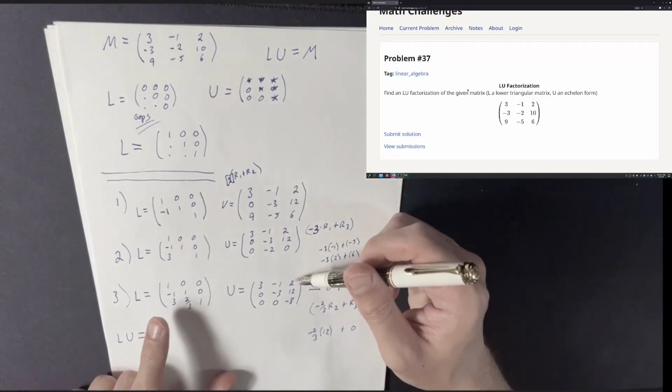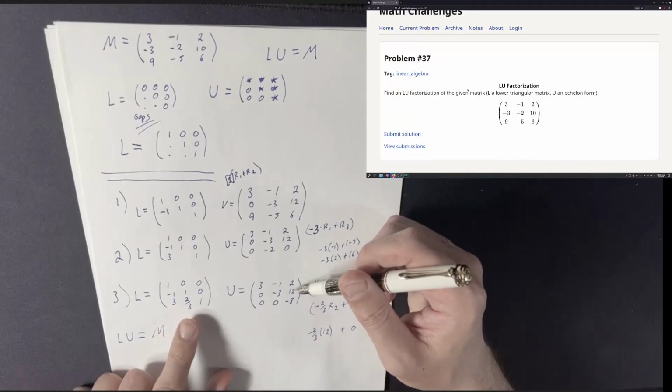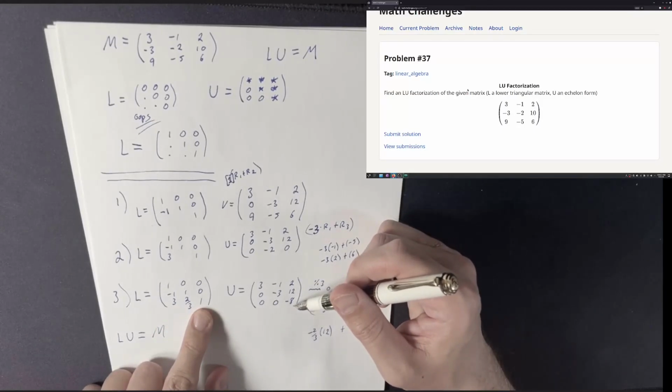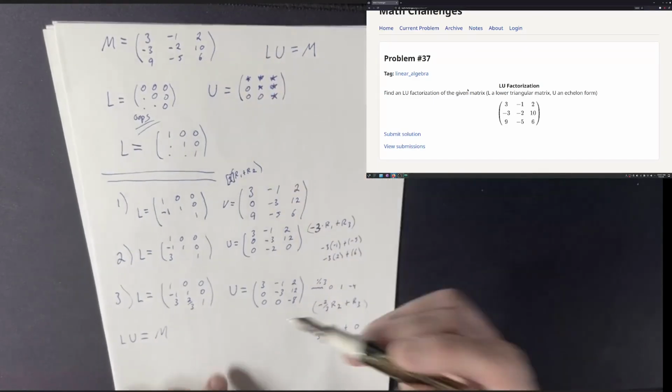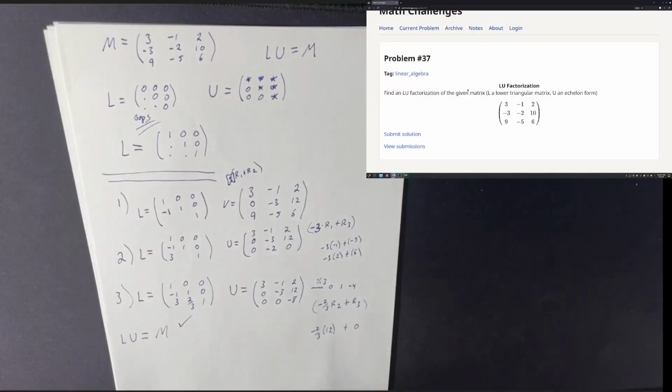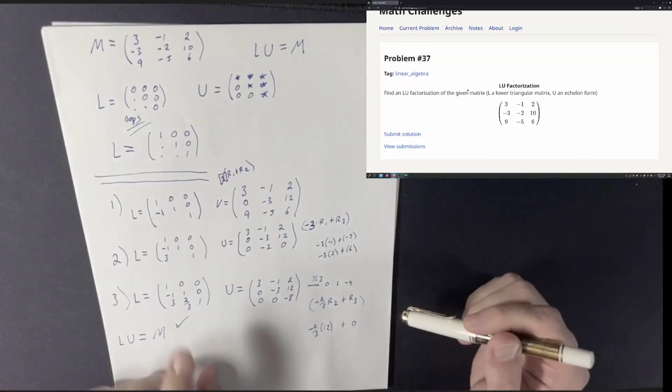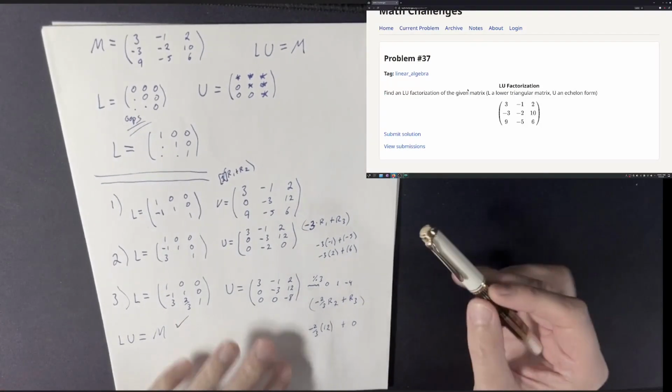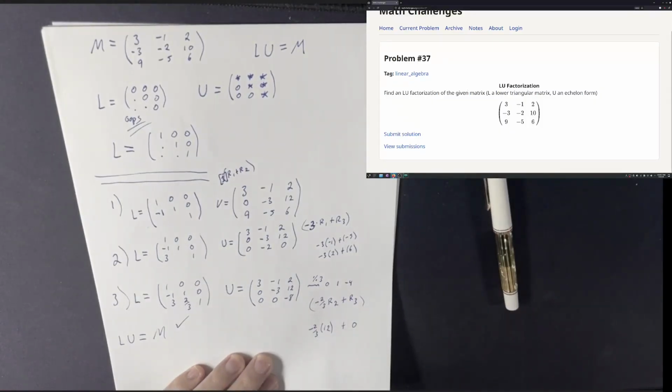And then finally 6 plus 8 is 14, minus 8 is 6, which is that number. So that did work out for us. Yeah, so this is my L and my U and our LU factorization.